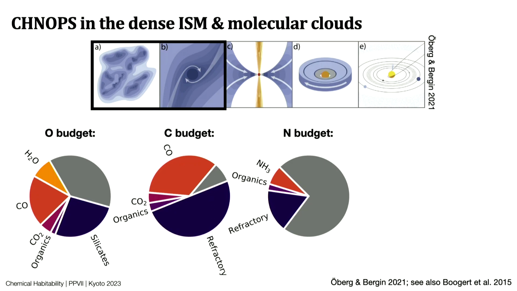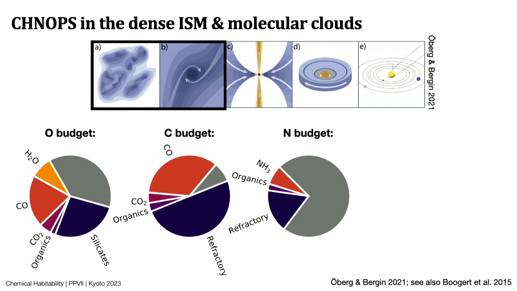And what you find here, for example, is that oxygen, carbon, nitrogen are distributed already very early between different carriers with different degrees of either volatility or non-volatility, right? So carbon, for example, is about half of it in CO, very volatile. The other half is in refractory carbon grains or organics.